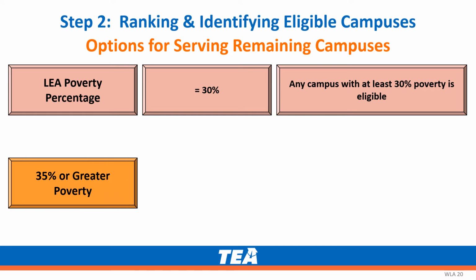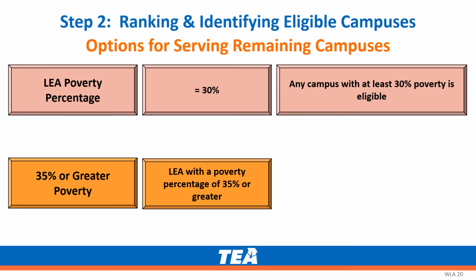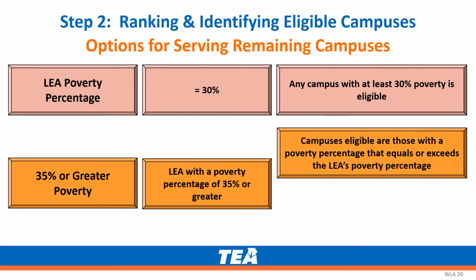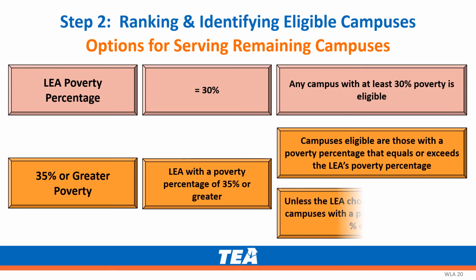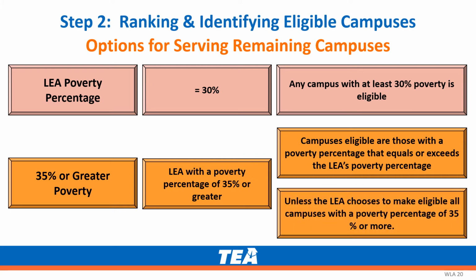In contrast, for an LEA with a poverty percentage of 35% or greater, the campuses that are eligible for Title I are those with a poverty percentage that equals or exceeds the LEA's poverty percentage, unless the LEA chooses to make eligible all campuses with a poverty percentage of 35% or more. As we will discuss later when we take a look at allocating funds to eligible campuses, meeting the eligibility criteria does not guarantee that a school will receive Title I funds from its LEA.